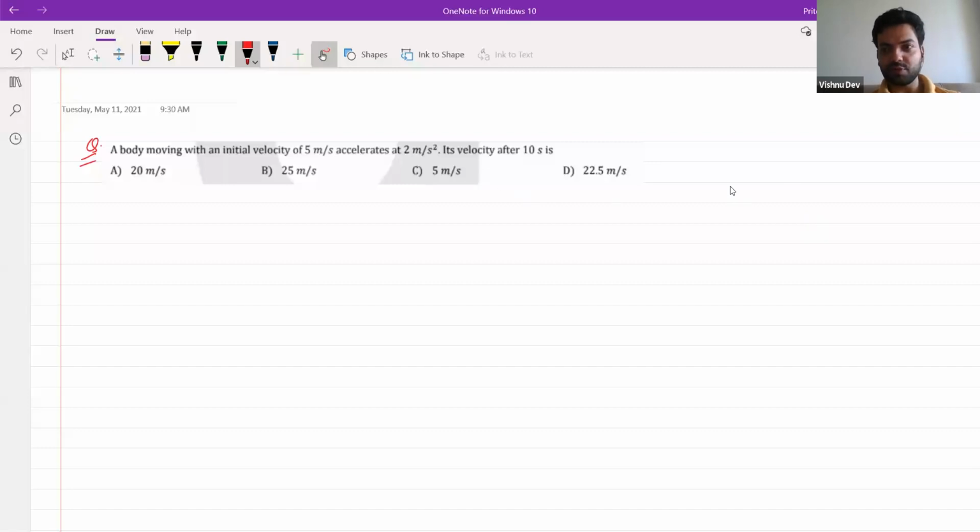Okay, yes, most of you are getting B as the answer. Some of you are also getting 20. That means A. I just see the maximum response and we'll work for this.